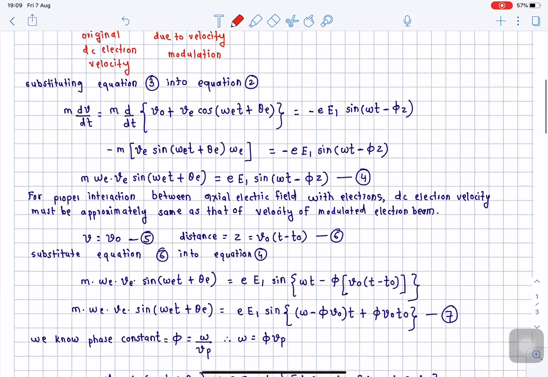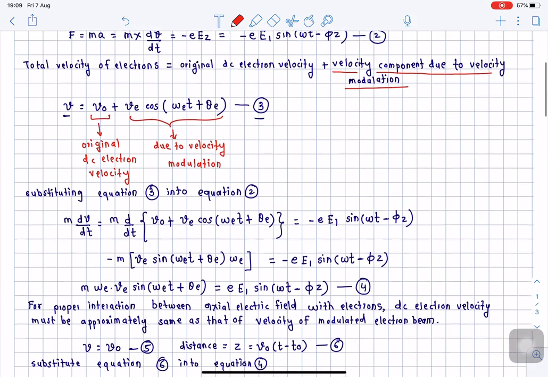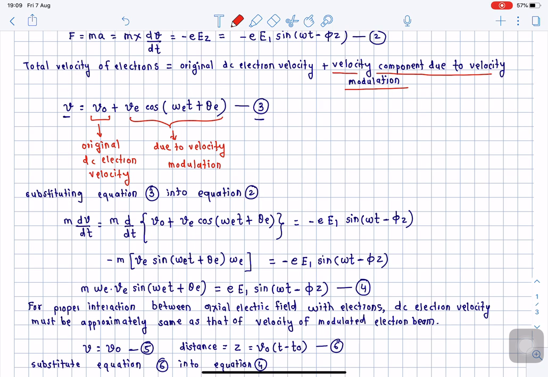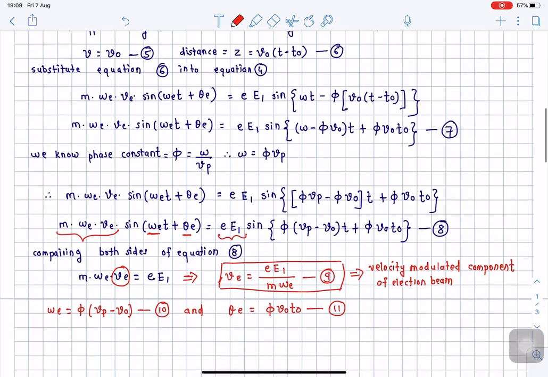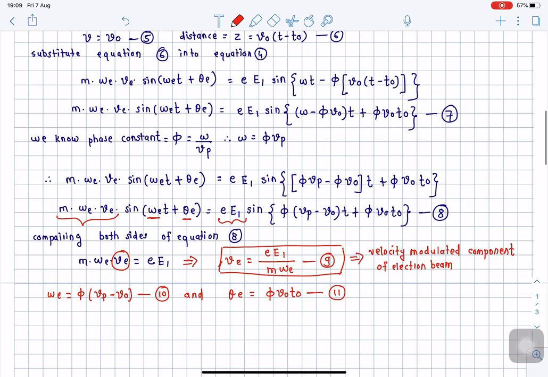The total equation of the velocity modulation is given by equation number 3, and the second contribution made by the velocity modulation will tend to increase with increase in the magnitude of axial electric field, right?